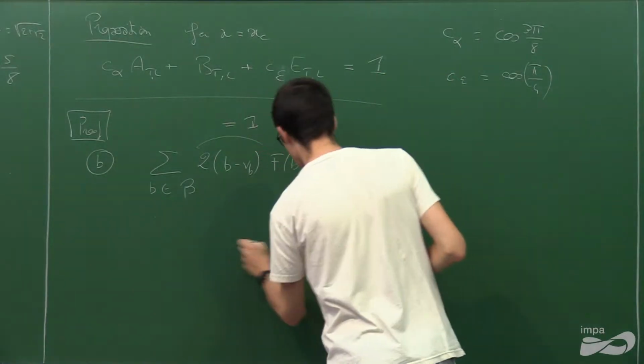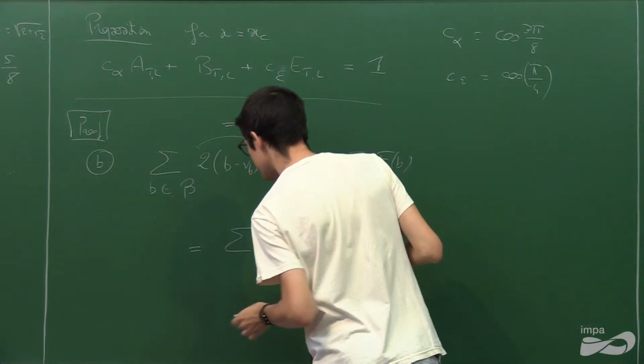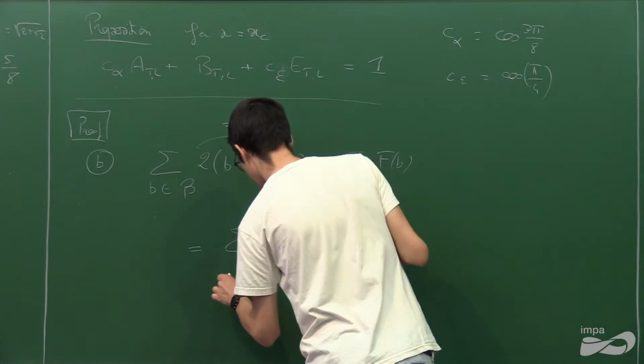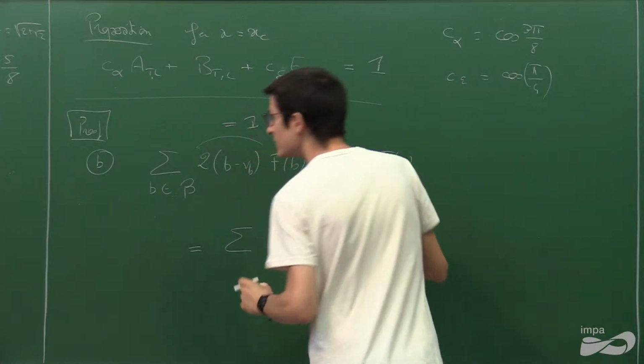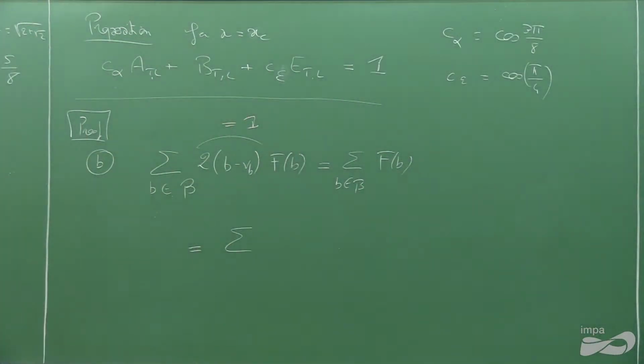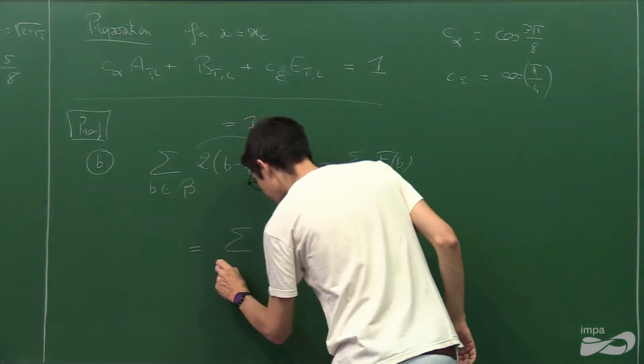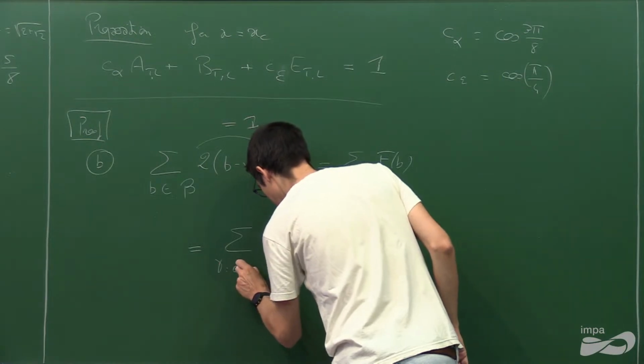So this is equal to the sum over gamma from A to beta.